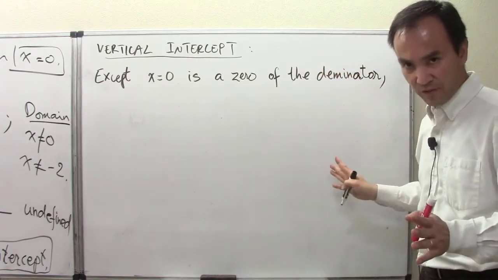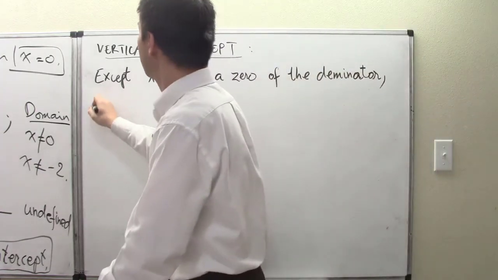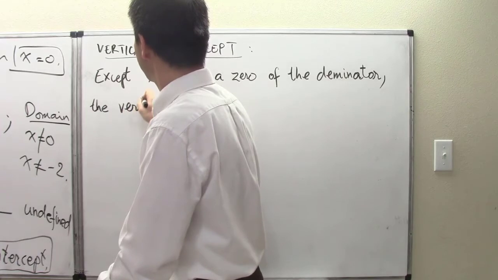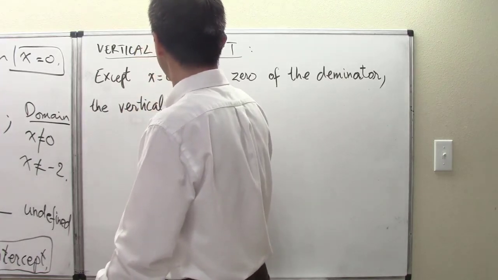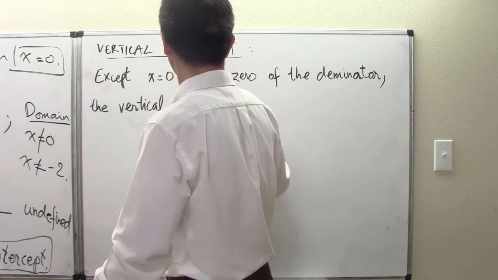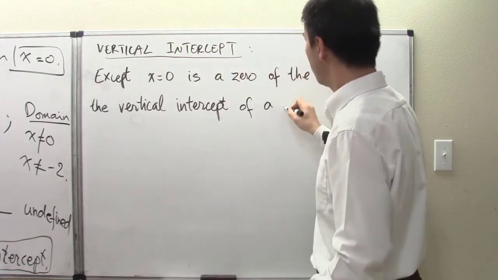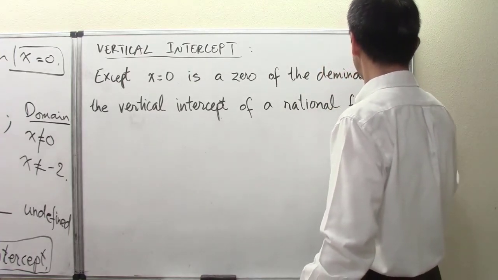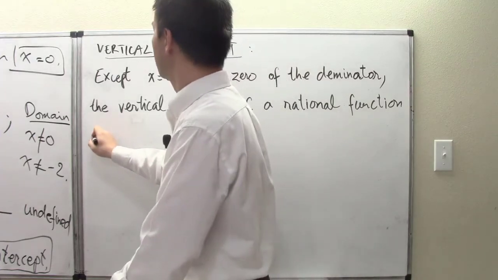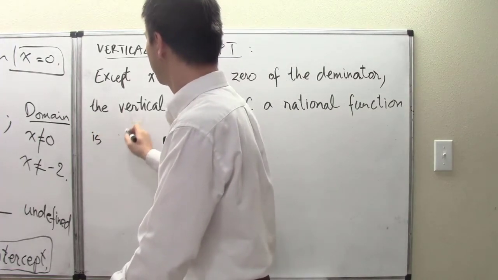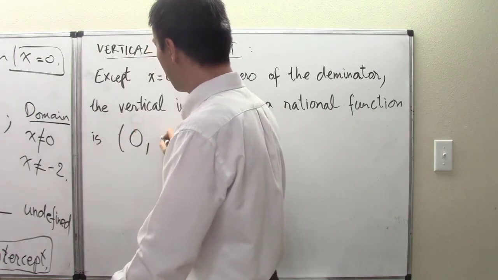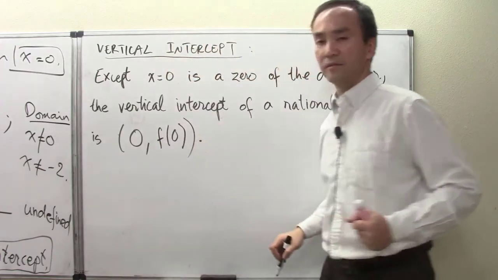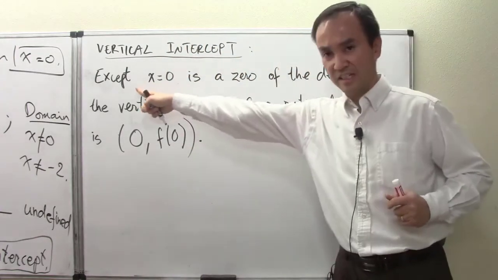Except for that case, then the vertical intercept of a rational function, any rational function, is the value x equals 0, comma, the function at x equals 0. But that's why I said except when x equals 0.